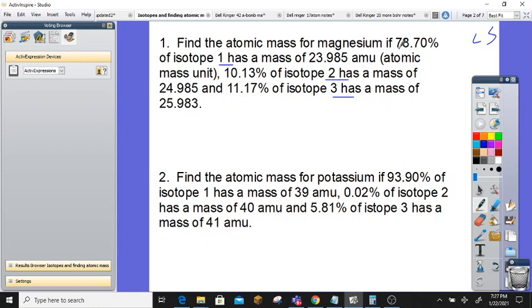So what we're going to do is, this percentage, how do you make a percentage into a decimal? Well, you're going to move the decimal over 2 times to the left. And what I'm going to do is I'm going to multiply these numbers.